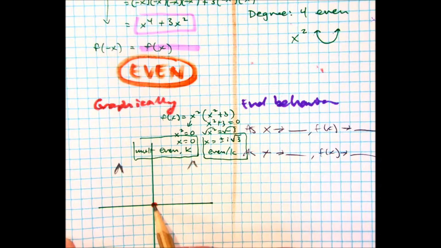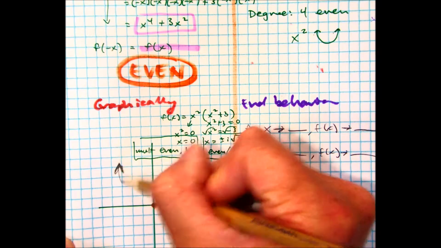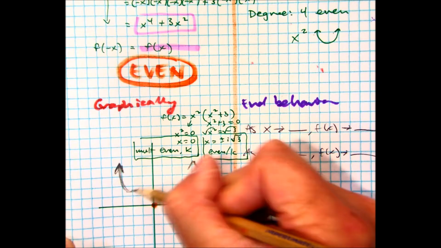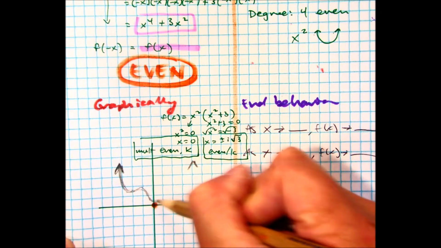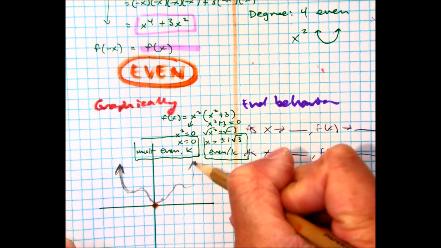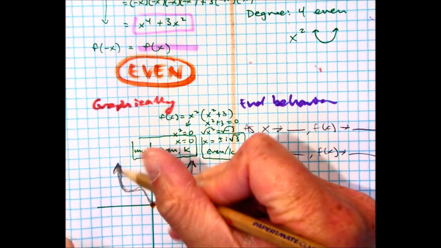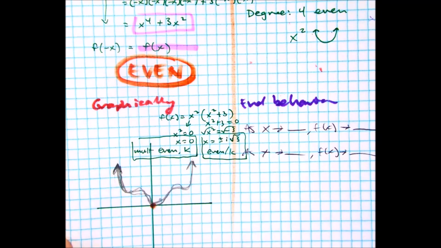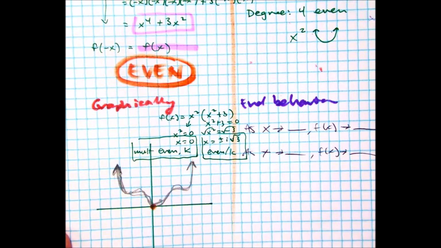I'm going to have a bounce here, and that's the only time it actually touches the graph here. So I don't know, something like this. Maybe you have a turning point there. It's supposed to look like a W. That's what the general graph of x to the 4th looks like. Let's take a look at my graph.